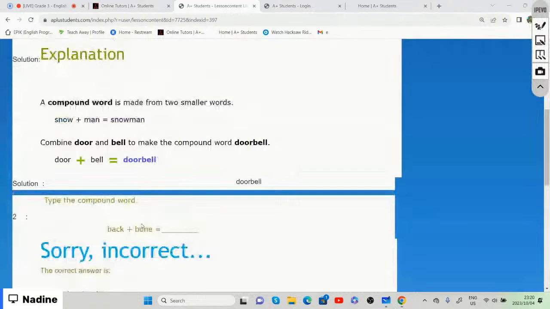If we look at this word, back plus bone, what is the compound word that we will get from back plus bone? If we put those words together, we need to get our compound word. What will that word be?